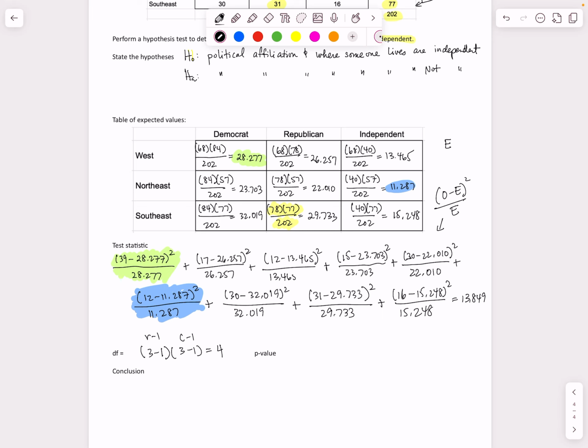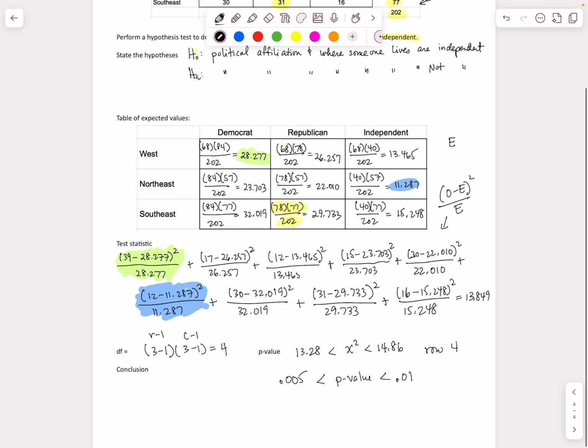So then my chi-squared on row 4 of the chi table. And I will post the chi-squared table on my Open Math for you. And so when you look down, you can verify that your p-values end up being between 0.1 and 0.005, which is telling me I have a very small p-value, which tells me I can reject the null.